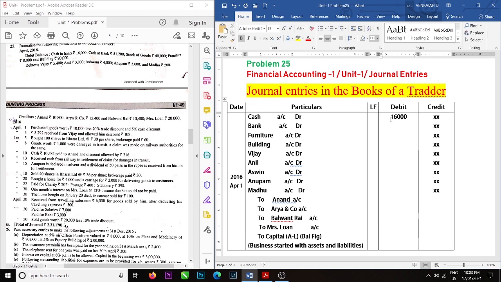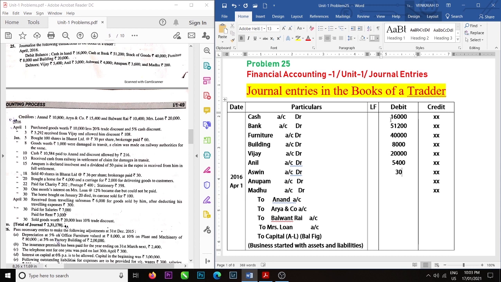Cash at bank 51,200. Stock 40,000. Furniture 8,000. Buildings 20,000. Debtors were given. Debtors are assets. Vijay 5,400.